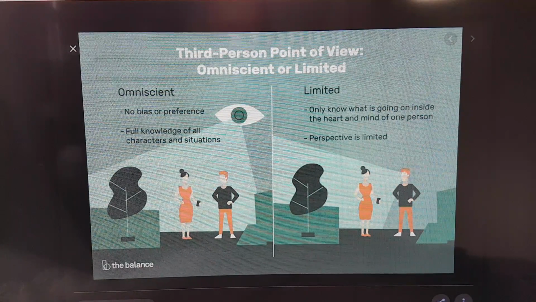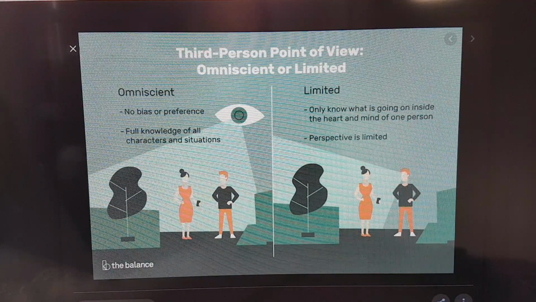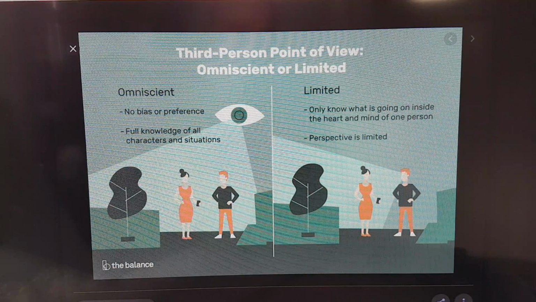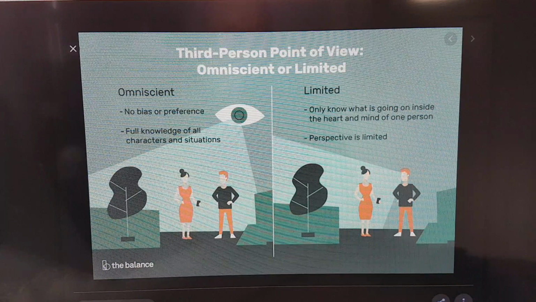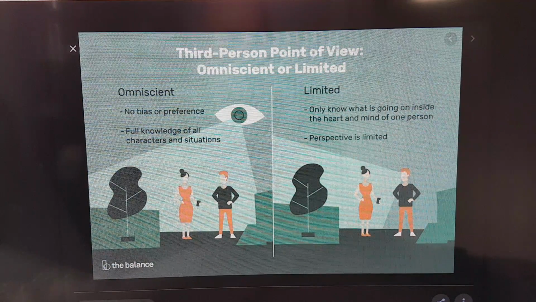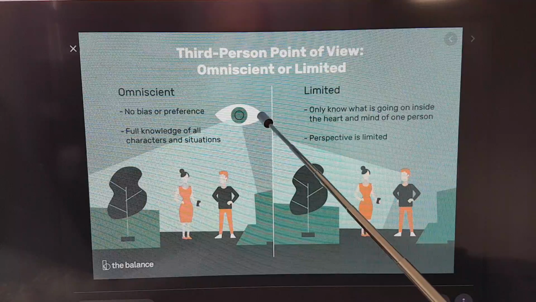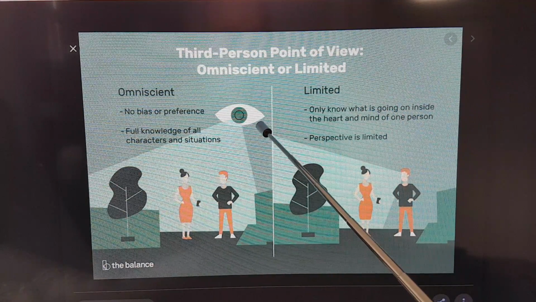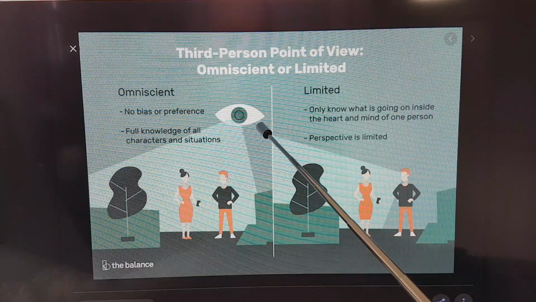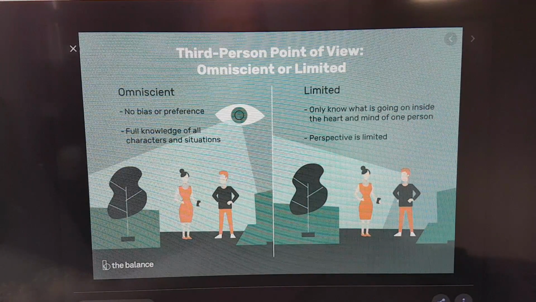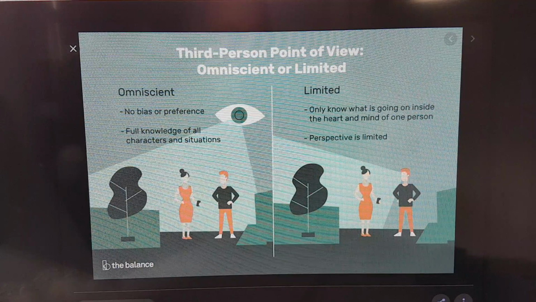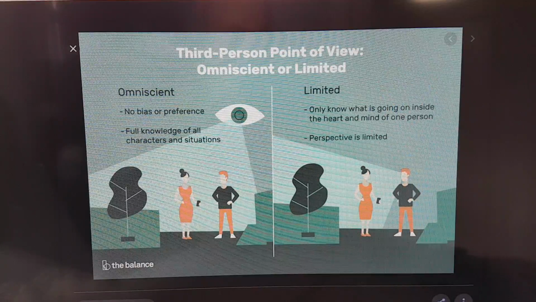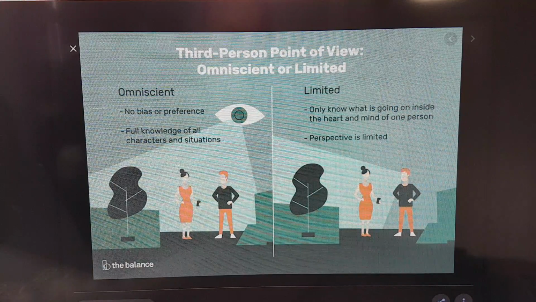Here is another illustration that distinguishes omniscient point of view and limited point of view. Omniscient means somebody who is outside the world of action, looks from above. This looks a bit like a godlike being that looks down upon the characters' world and their action, and he knows how they feel.